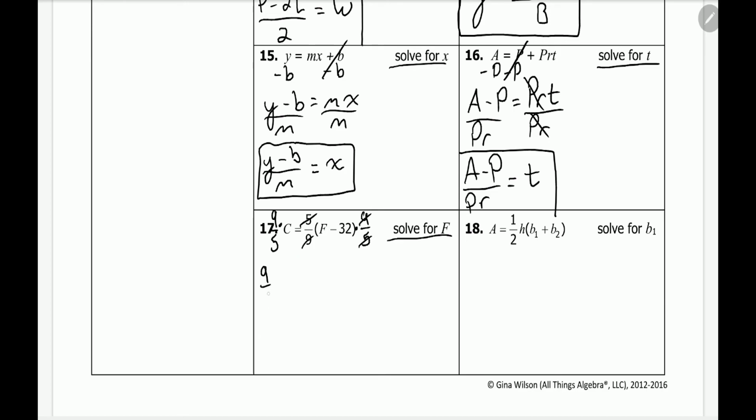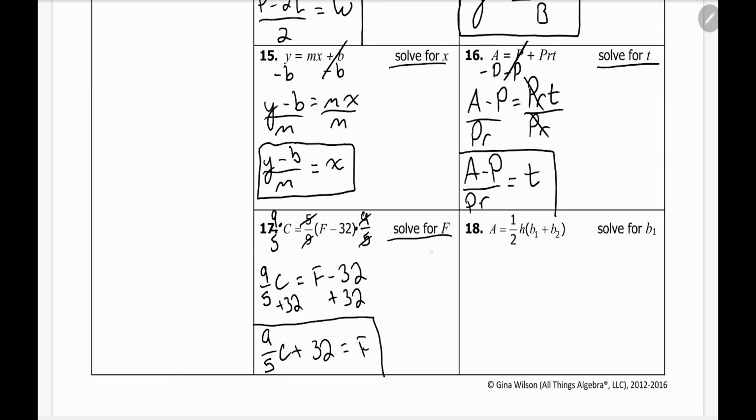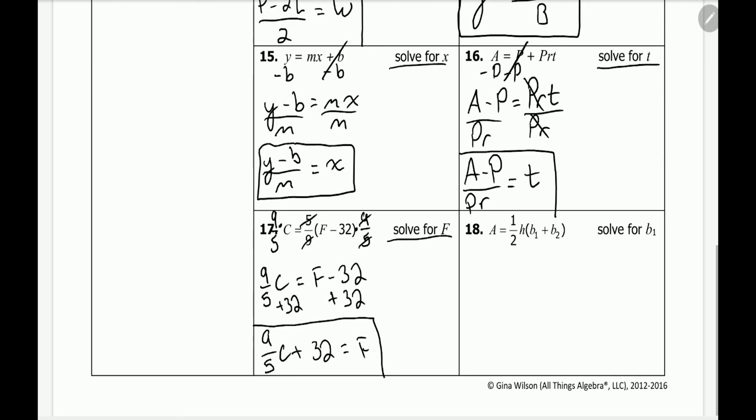We're left with 9 over 5 c is equal to f minus 32. Now we're solving for f, so we have to get rid of the negative 32. So we're going to add 32 to both sides. So we have 9 over 5 c plus 32 is equal to f.